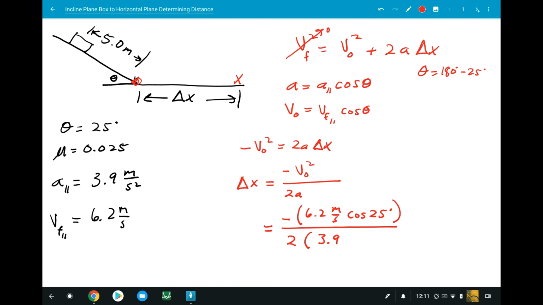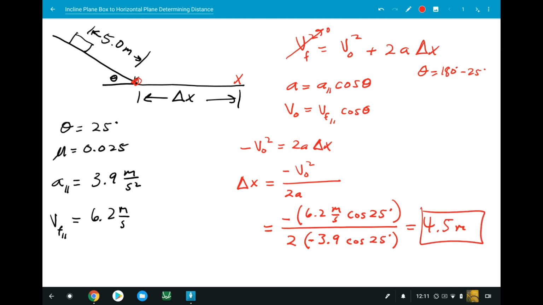And since this is a deceleration, I'm going to put the negative, cosine 25 degrees. Again, I could use 155 and it would have been fine. When I do the math for this, the box will stop approximately 4.5 meters.